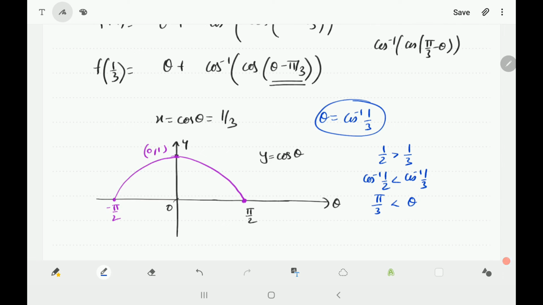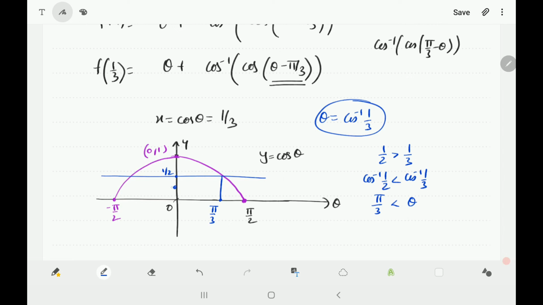Okay. And it is not very much greater. The gap will be very small. It won't be going greater than pi already, so it will not go outside the principal value branch. Okay. So you can check from the graph also that at y equal to half, you have the value as pi by 3.